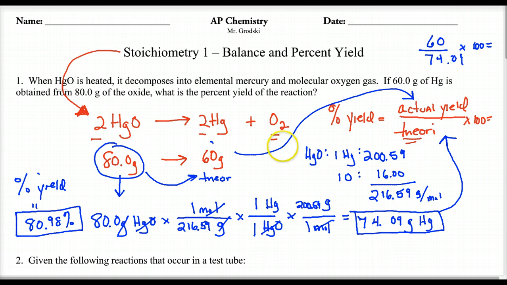If you were going to do a percent deviation or a percent error like we did last year, what we would have done is we would have done the subtraction part. We would have taken our known, if you remember percent deviation, our theoretical is 74.09, and we would have taken our measured value or actual value of 60 minus 74.09.